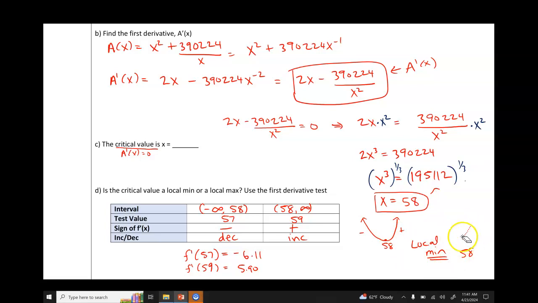Okay, so because it is a local minimum, that means we are going to use x equals 58 in order to minimize the material while at the same time maximizing the volume and getting the volume that we want.